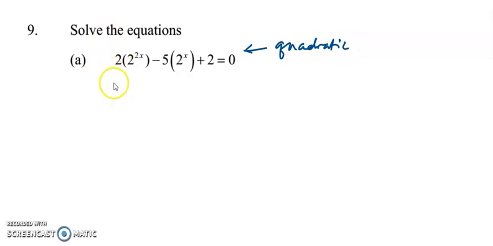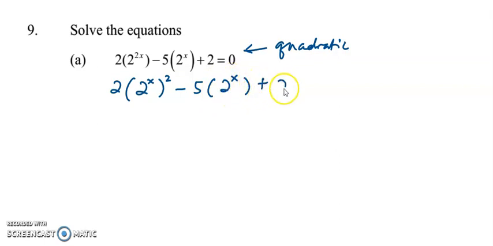where I will just write down the coefficient of 2, and 2 power of 2x can be written as 2 power of x, all to the power of 2, minus 5 multiplied by 2 power of x plus 2 equals 0. I hope that you can see that this is in the quadratic form.